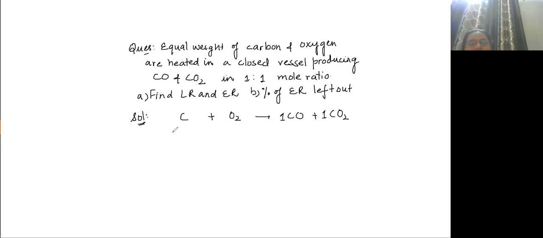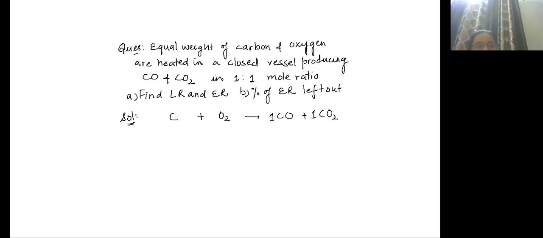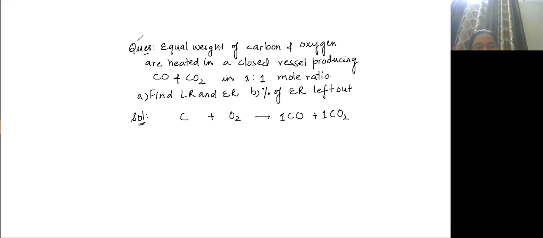So what will be carbon, what will be oxygen? Carbon will be 2 and oxygen is 3 by 2. We'll balance this equation in this manner, because they have mentioned that CO and CO2 should be 1:1. Now try to find out LR and ER.